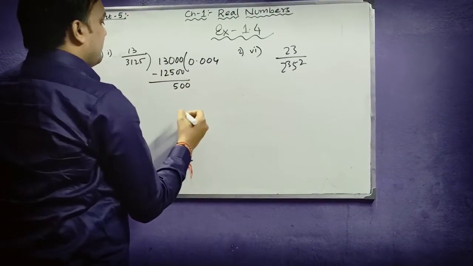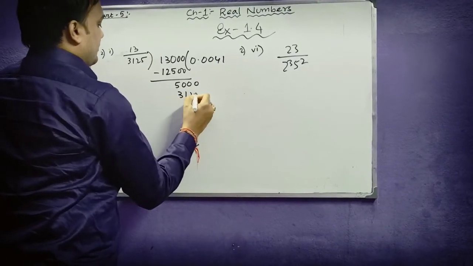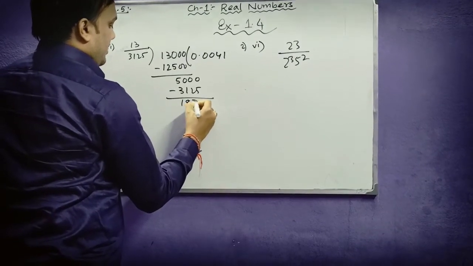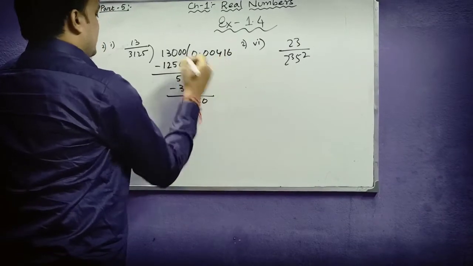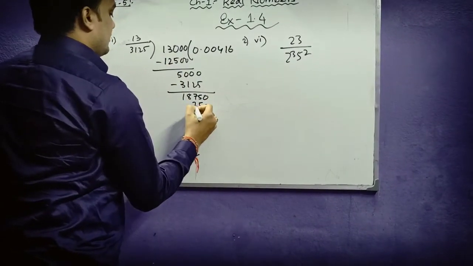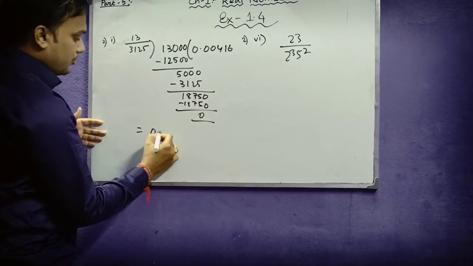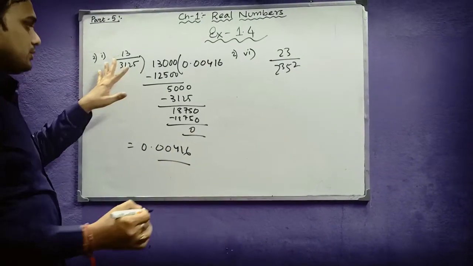It's not divisible, so I'll take a 0 here. It will be 6. So we get the decimal expansion here as 0.00416. This is the decimal expansion of this one.